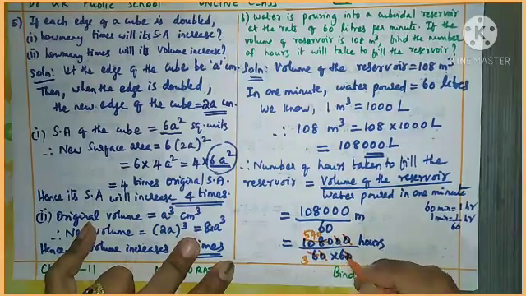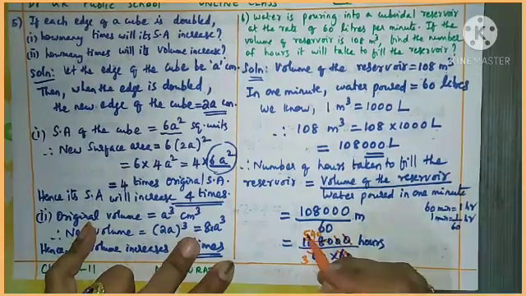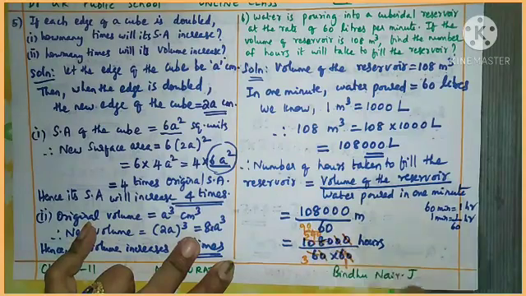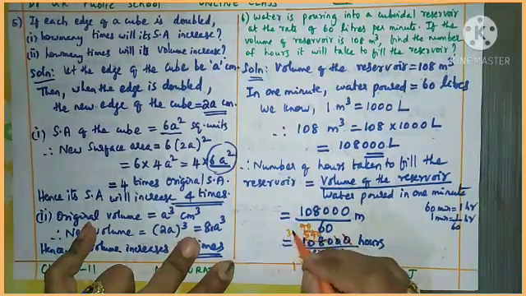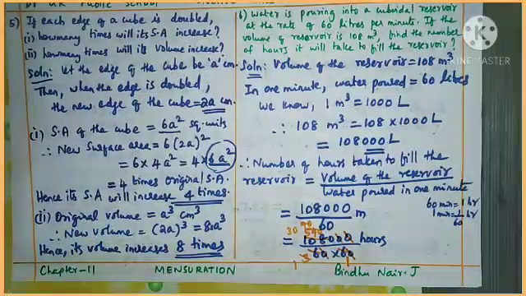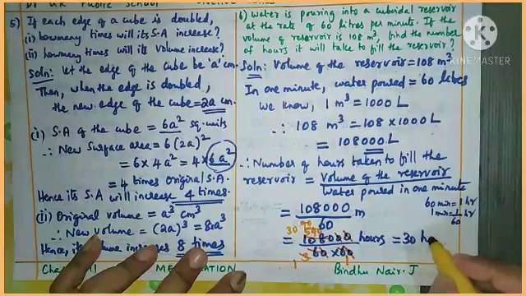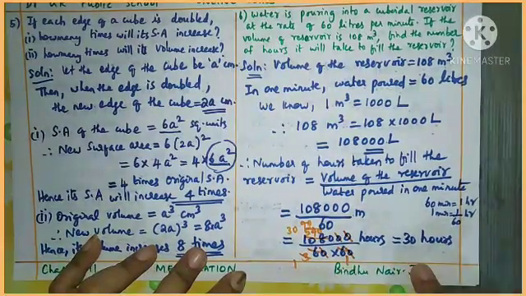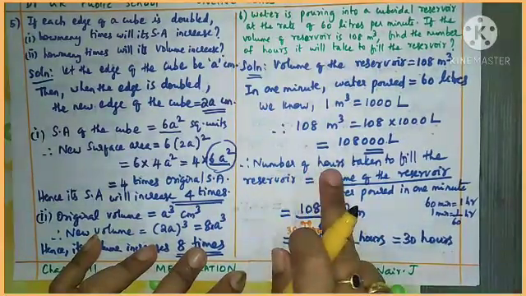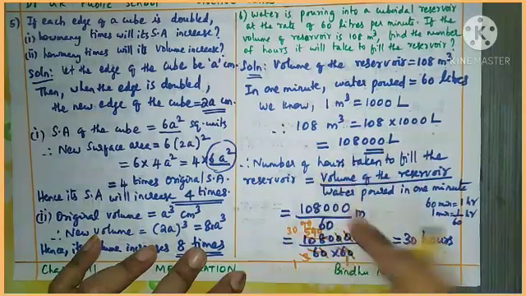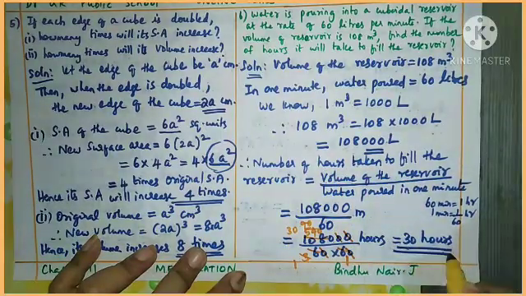Now again 1 6 is 6, 9 6 are 54, 0. 3 and 90 will go for 3, 1 3 is 3, 30. So we got how many hours? 30 hours. So what is the conclusion? The number of hours taken to fill the reservoir is 30 hours.